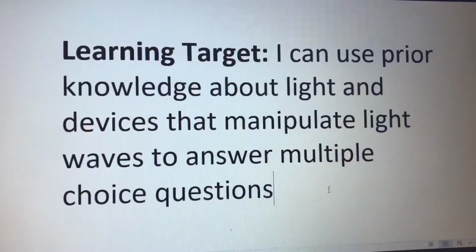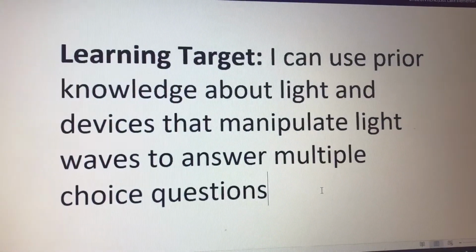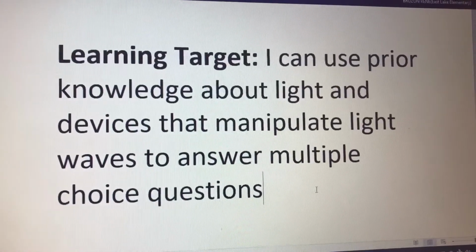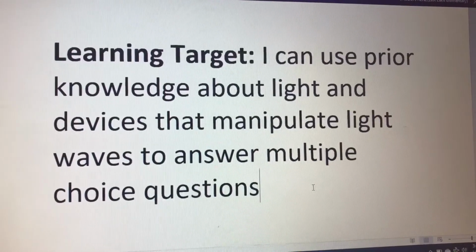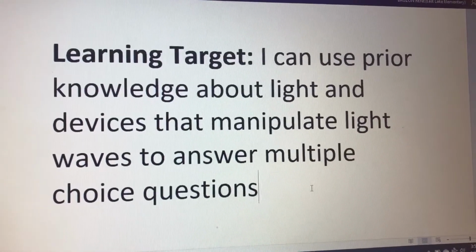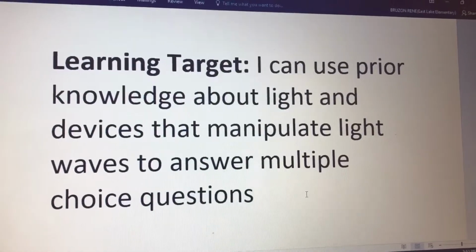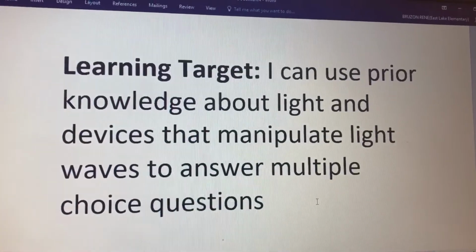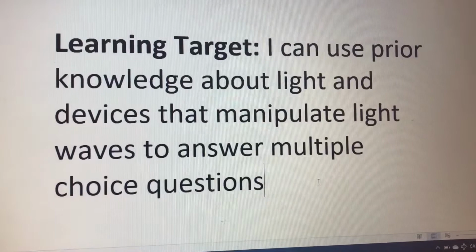Our learning target is I can use prior knowledge about light and devices that manipulate light waves to answer multiple choice questions, okay? So it's going to be about light waves and devices that use light waves to enhance our senses, and we're going to be answering multiple choice questions.